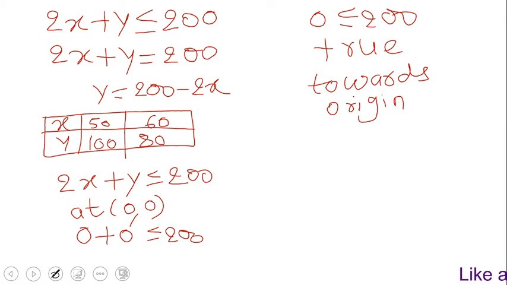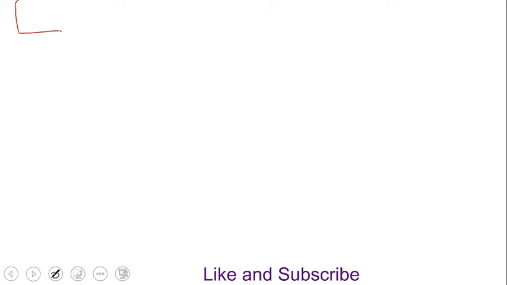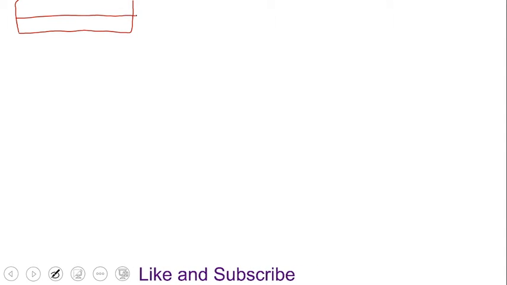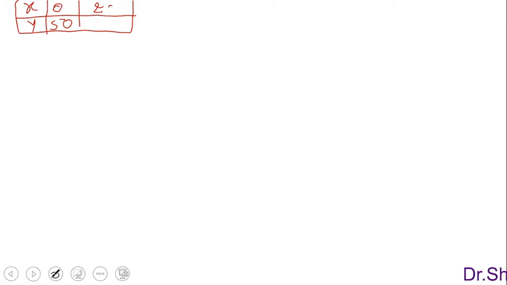So using these three equations, we have to draw a graph. In the corner I am writing the tables, just concentrate over here. For the first equation, x, y: 0, 50, next 20, 40.